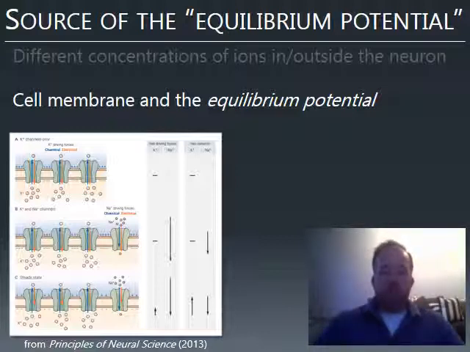But at the same time, the neuron has molecular machinery in place that keeps a lot of sodium outside the neuron and a lot of potassium inside it. So what does that mean if you're a sodium ion? Well, because there's so much sodium outside and almost none inside, you really want to be inside that neuron. So if there's a hole in the neuron, which we'll call a channel, and we'll explain that in a bit, the sodium is going to want to flow into the neuron because there's so much of it outside, so little of it inside.